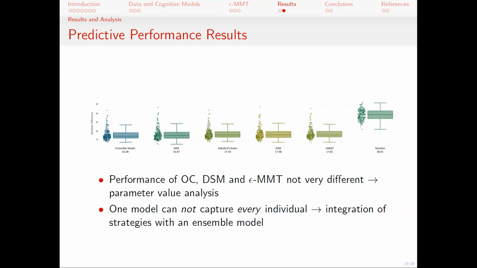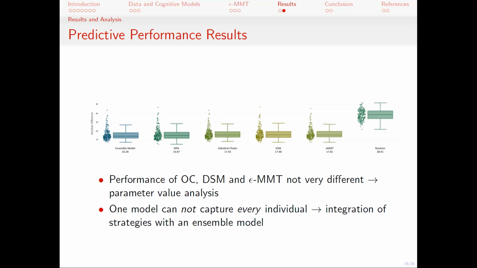Since the lack of difference in performance doesn't allow for strong conclusions to be made, we also looked into the models' parameter values and how their different representations can help with learning how individuals interpret conditionals. Additionally, we looked into whether there was one model out of the three that made the best prediction for a significant majority of the individuals. But we found out that that was not the case.